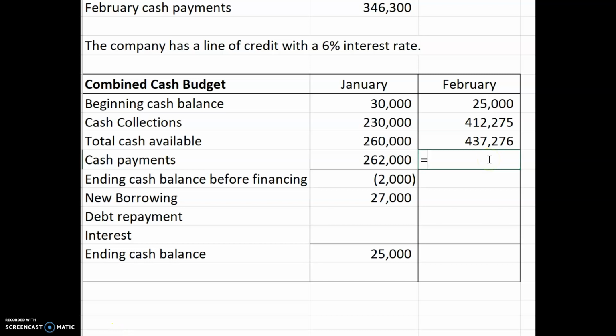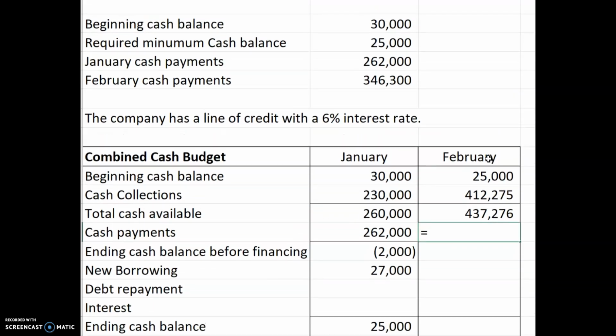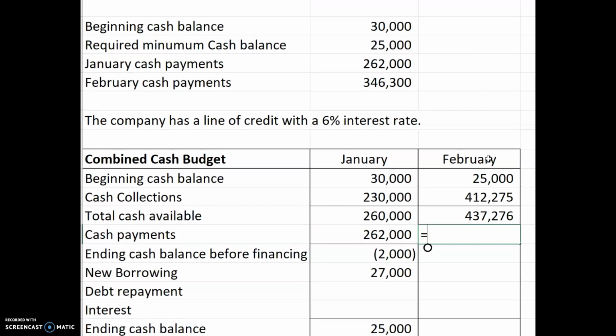Our cash payments would come from the cash payments budget. In February, our cash payments budget showed $346,300. So our ending cash balance before financing is $90,976. It's well above our required minimum of $25,000.